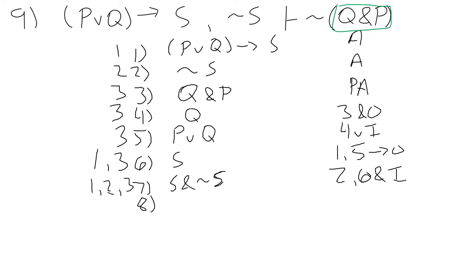And now our contradiction in line 7 depends upon our PA in line 3, so we can tilde in Q and P. So that is going to be 3, 7, tilde in. So that's 1, 2, and 3, and then the 3 drops out as we do tilde in, like that. So that's problem 9.